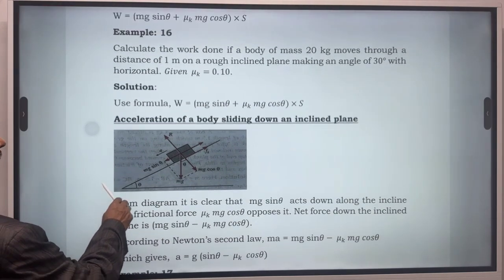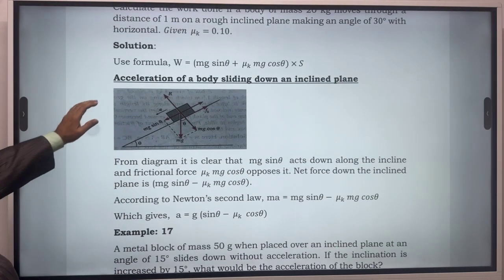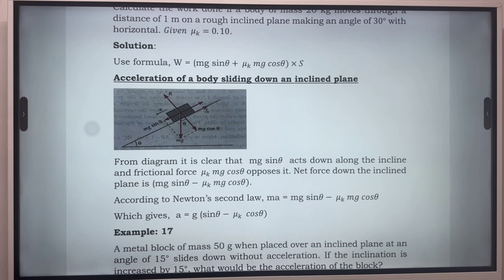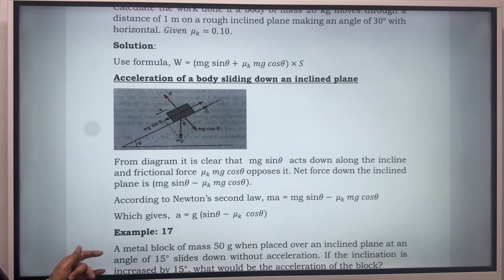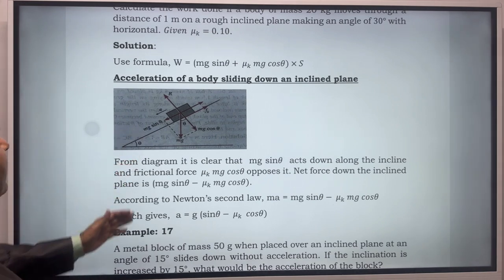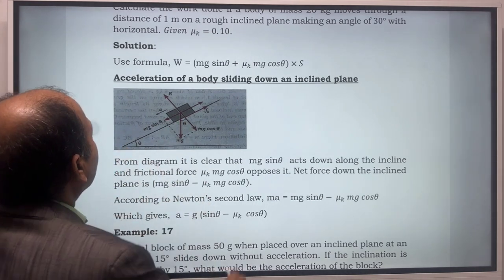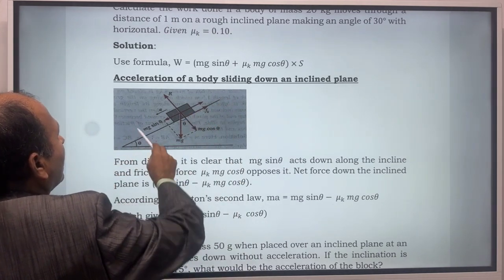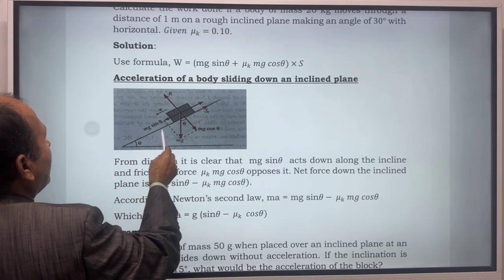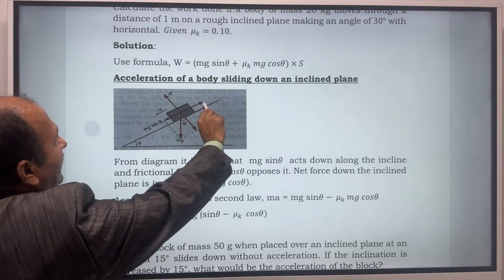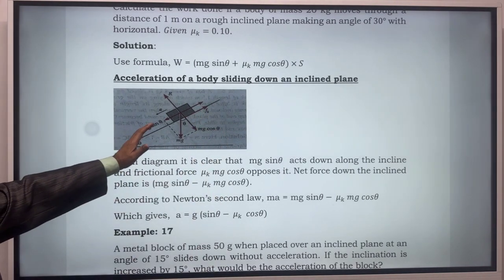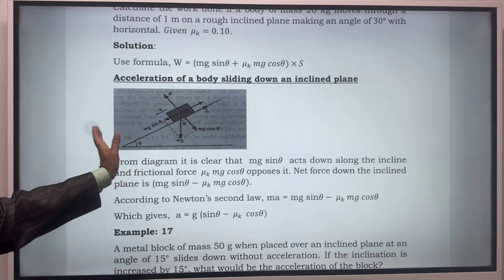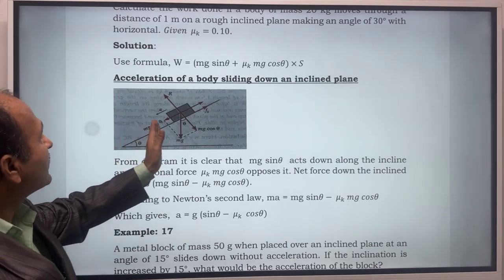Now here there is another case, acceleration of a body sliding down an inclined plane. Here we are assuming again that there is no force applied. So in this direction, since the body is coming downward, the downward force, you know, is mg sin theta, and in this direction there will be frictional force. Frictional force will oppose this force. You are not applying any force; the body is moving on its own.